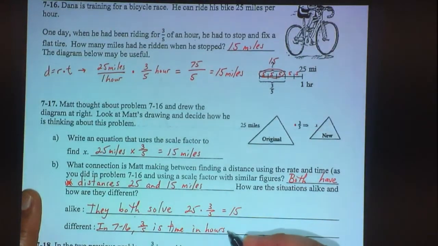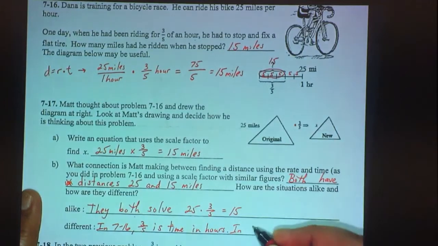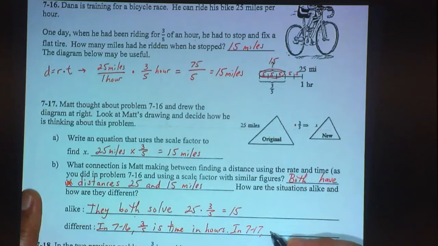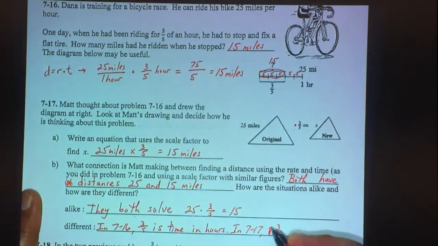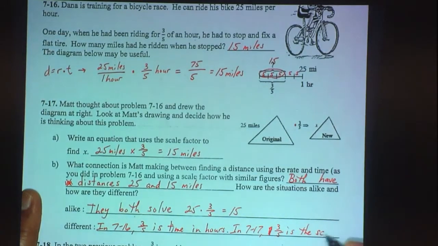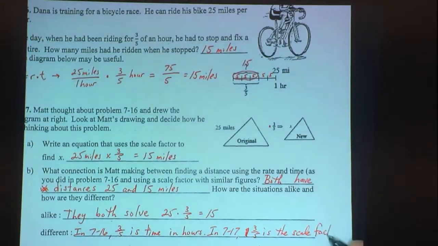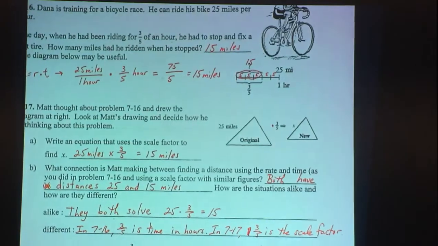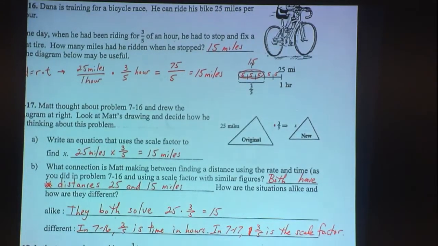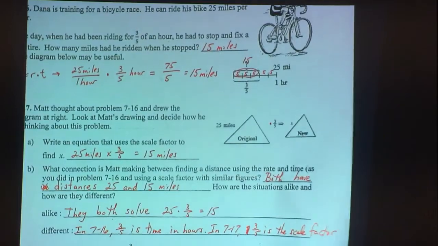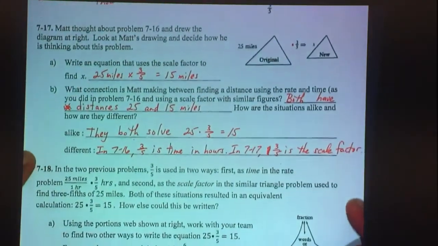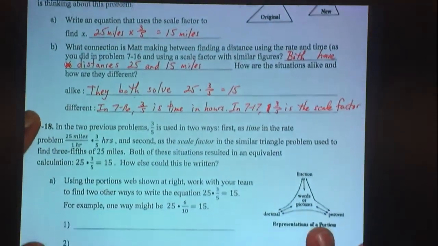And in question 17, 3/5, sorry you guys, 3/5 is the scale factor. Okay, can you see that? Yeah. All right. Scoot this up quite a bit.